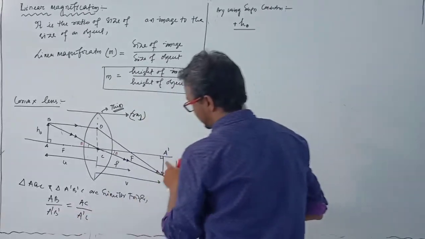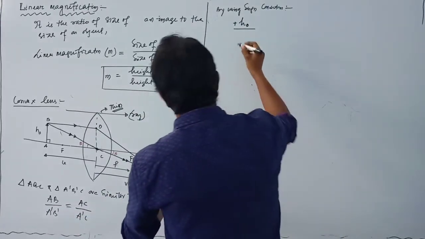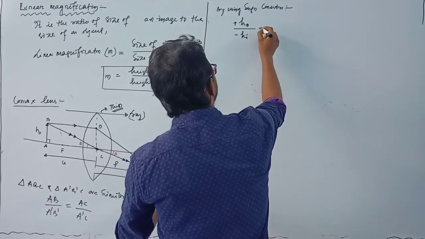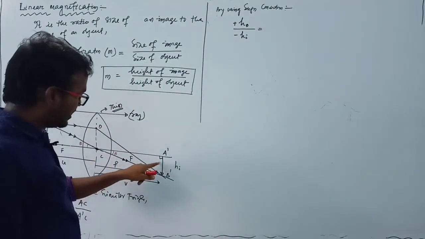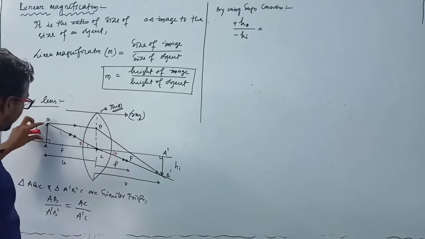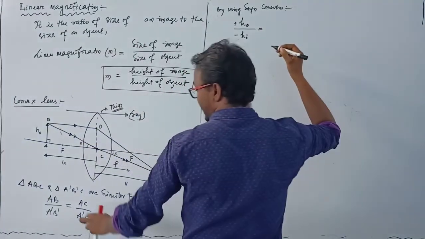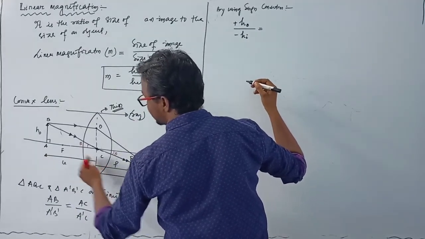Similarly A dash B dash, which is below the principal axis, we can write as minus hi. Clear? This image is a real image, and a real image is inverted. And if this height is h0, then this height is hi. Similarly you have to find AC, and distance is always measured from C to A.